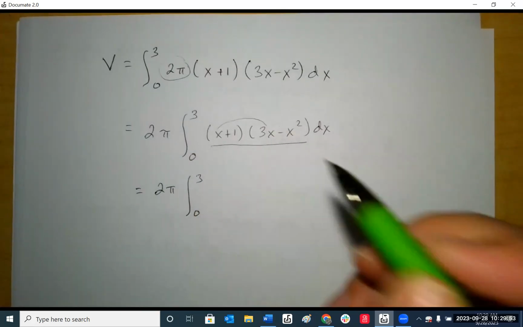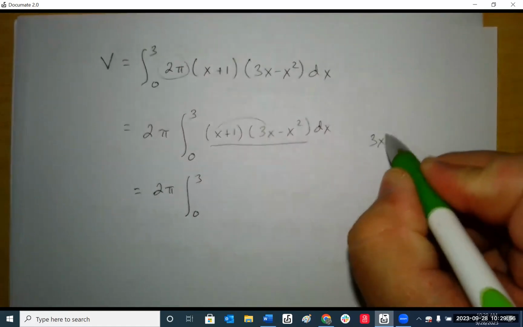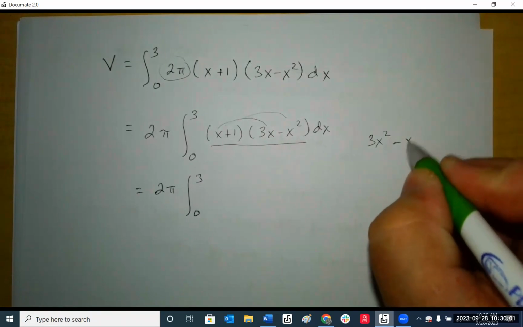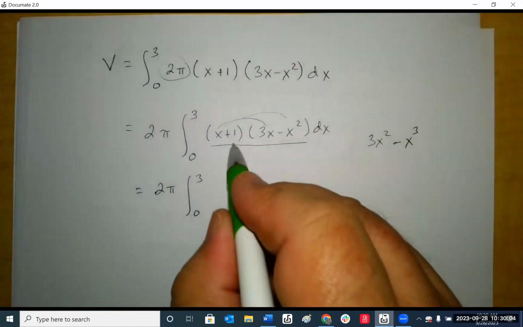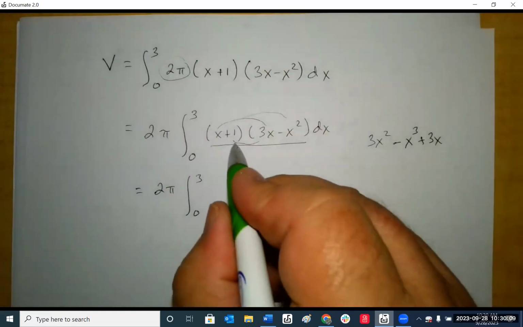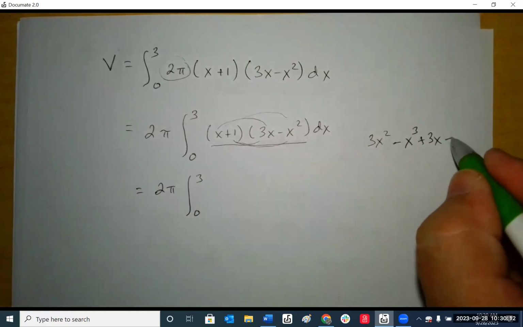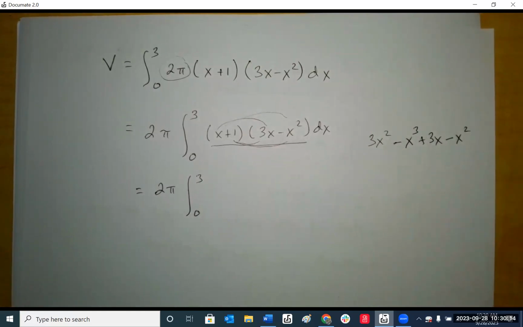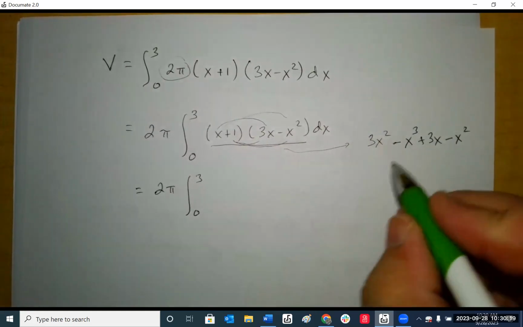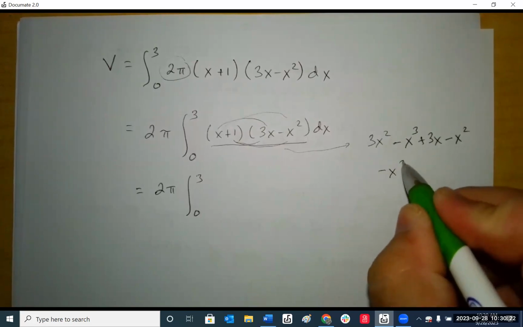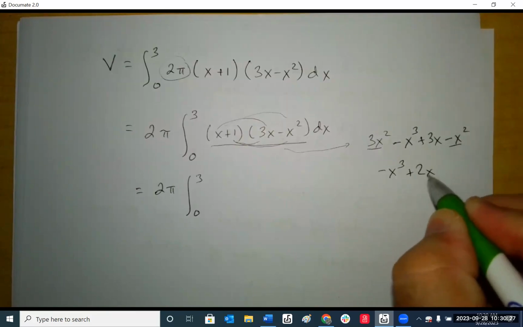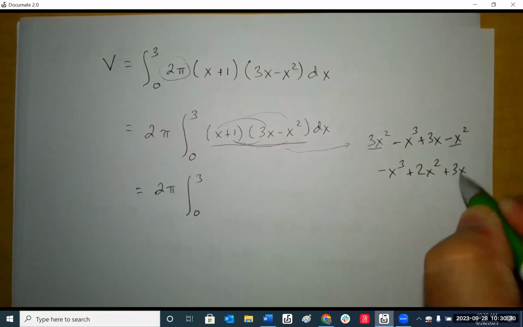So we have x times 3x is 3x squared. x times negative x squared is negative x cubed. 1 times 3x is positive 3x. And 1 times negative x is negative x squared. So that simplifies into negative x cubed, 3x squared minus 1x squared is positive 2x squared, plus 3x.